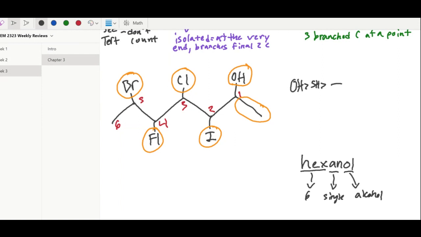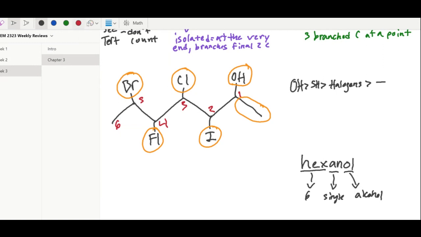Well, halogens take priority after. Okay, and then it's single bonds. Okay. So we don't need to put 1-OL. There's a new IUPAC and an old IUPAC. You can do either or.